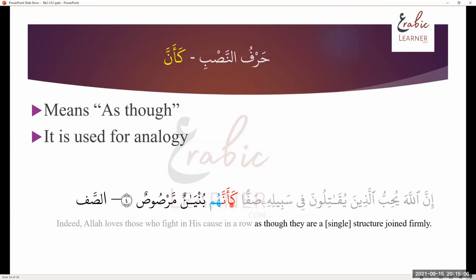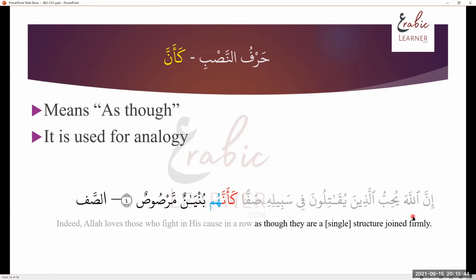Here ka'anna is there, and ismu ka'anna is hum. Hum is dhamir muttasil, and according to its place, it is mansoob, but it is written as hum only. Ka'annahum bunyanun marsusun means as if it's a strong structure, like a concrete wall, a wall made of lead, very, very strong.